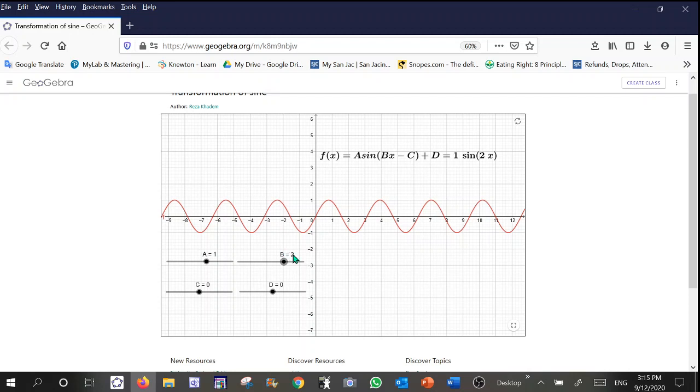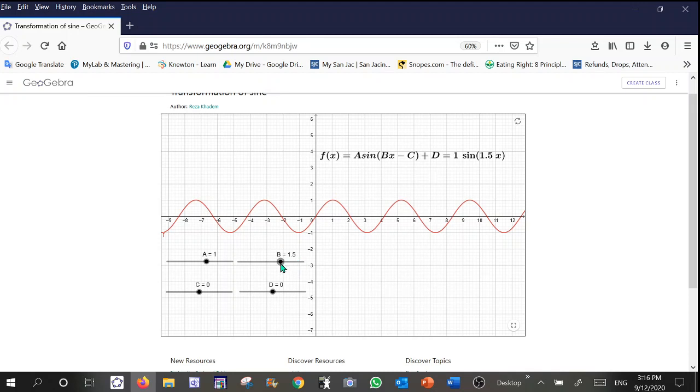So this number determines how many cycles of sine we're going to have in 2 pi radians, right? And if it's, let's say, 1.5, then here is 6.25. Looks like 1 cycle and a half. That's 1.5. So that's called the wave number.